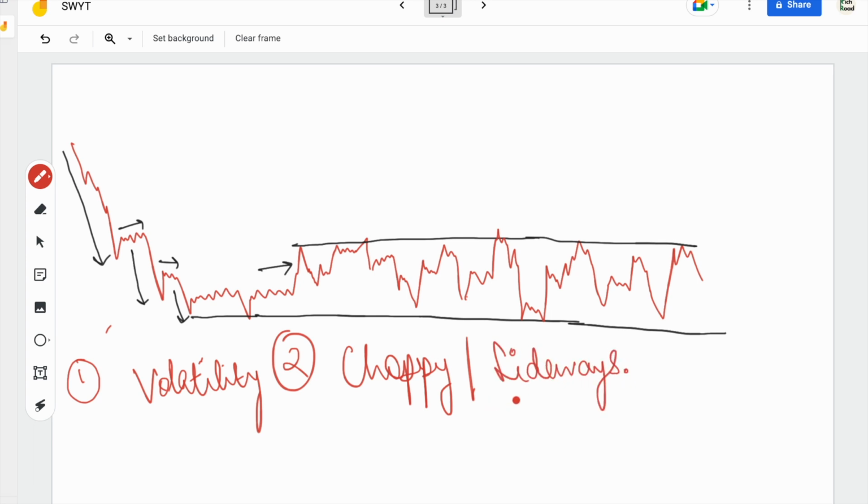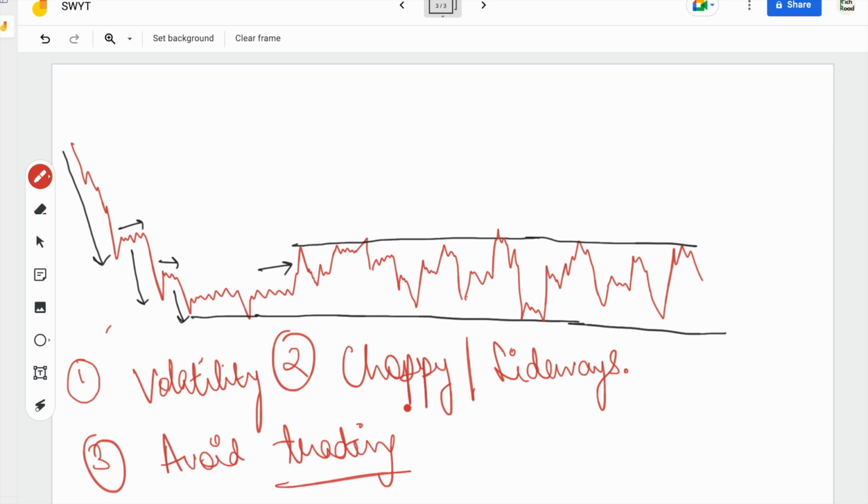As a trader or as an investor, you have to avoid trading it. See what word I'm using. I'm saying trading. I'm not using the word buying or selling. Trading means buying and selling within this area, which is something you must avoid. I'm not using the word buy. I'm not using the word sell. And that is where the secret is.